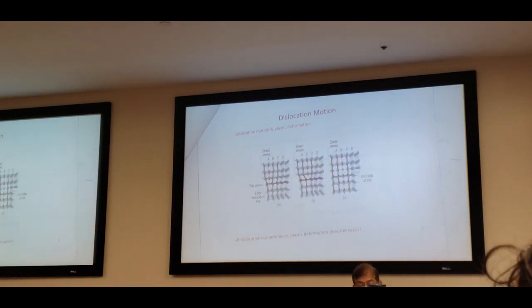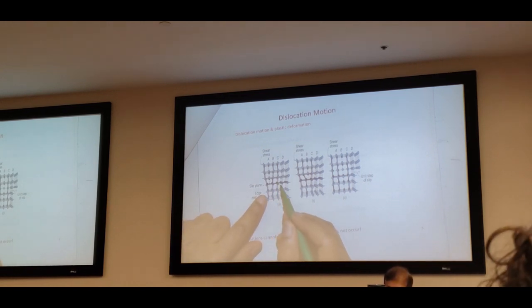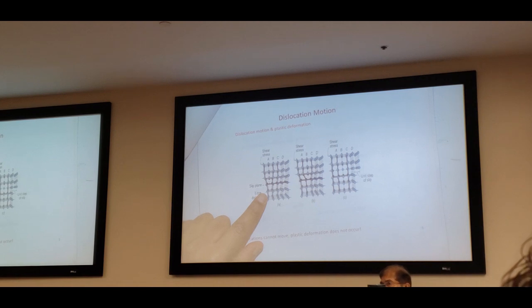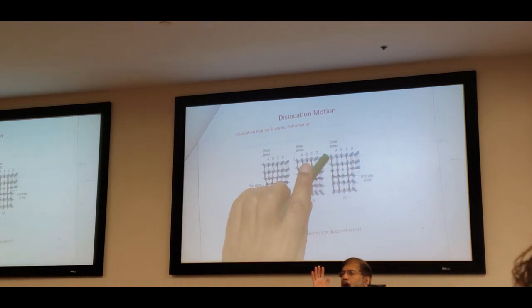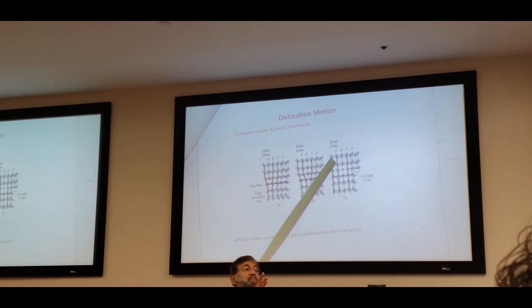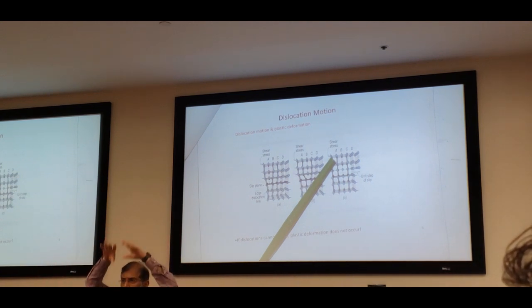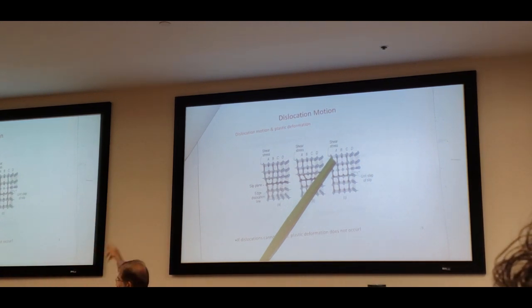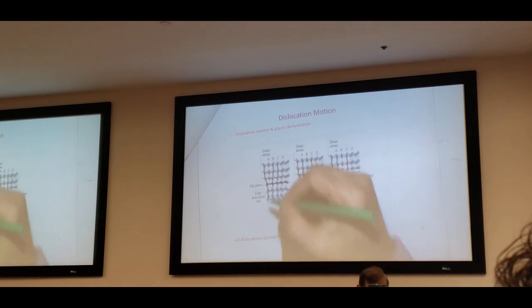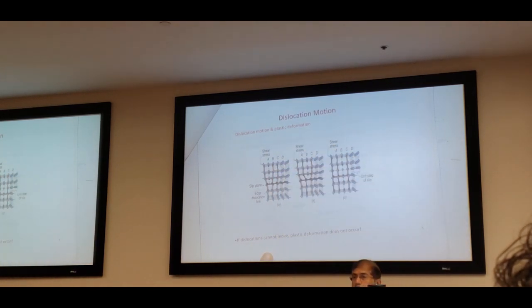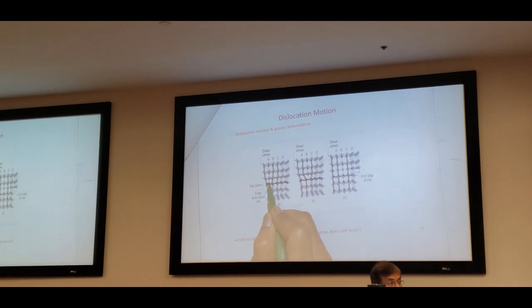Now, dislocation motion. We know what an edge dislocation is. Remember, a half plane or an incomplete plane is present in your material. Think about your metallic material. You have these metallic bonds, considered as a plane of atoms, an arrangement of atoms like this one. And in between you see this, this is a half plane or an incomplete plane.